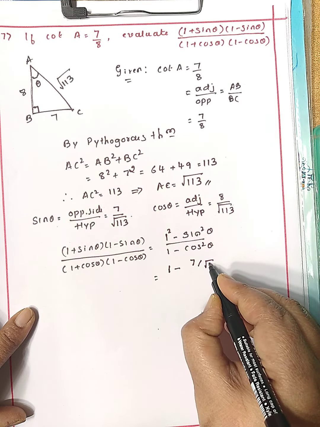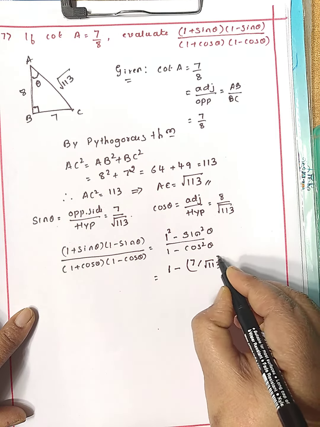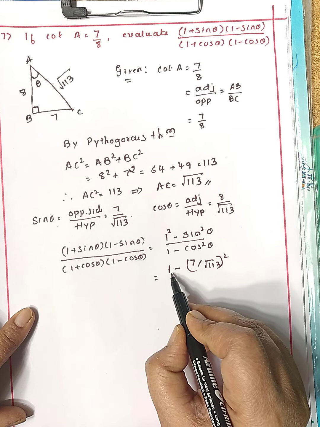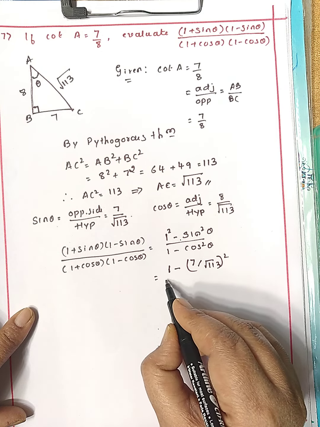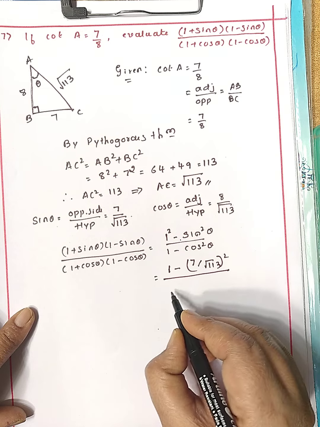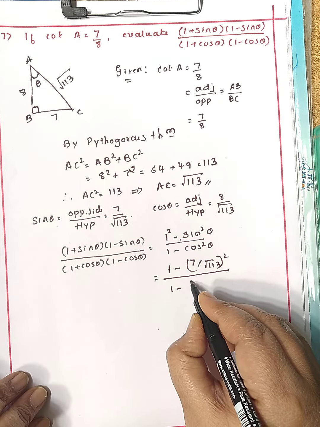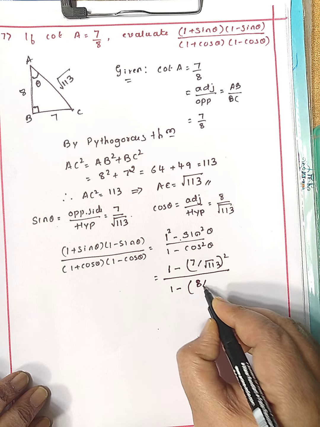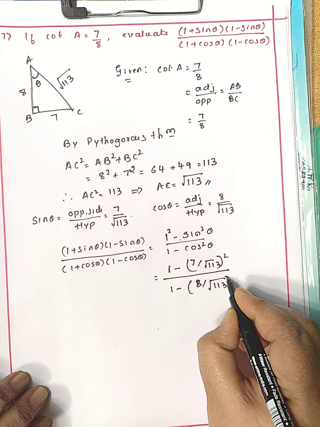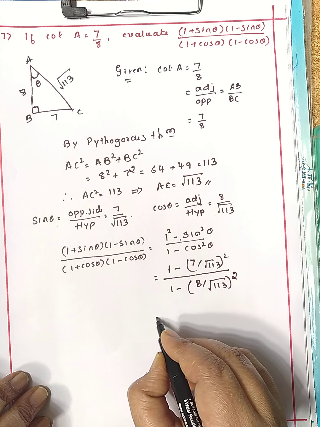Now sin theta is 7 by square root of 113, whole square. 1 minus sin square theta, whole divided by 1 minus cos square theta, where cos theta is 8 by square root of 113, squared.